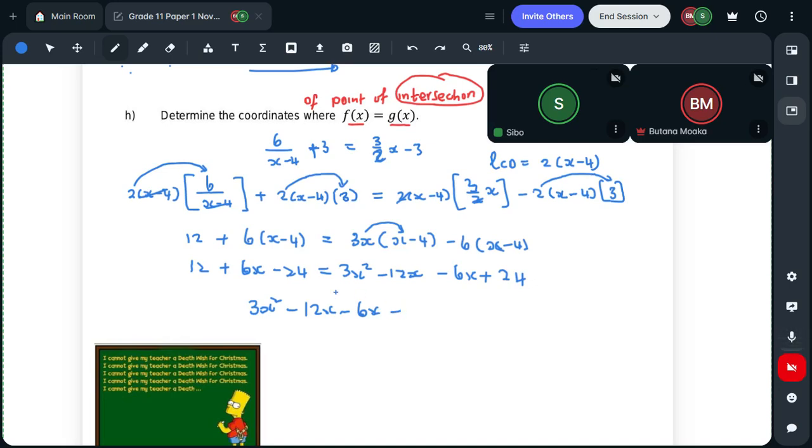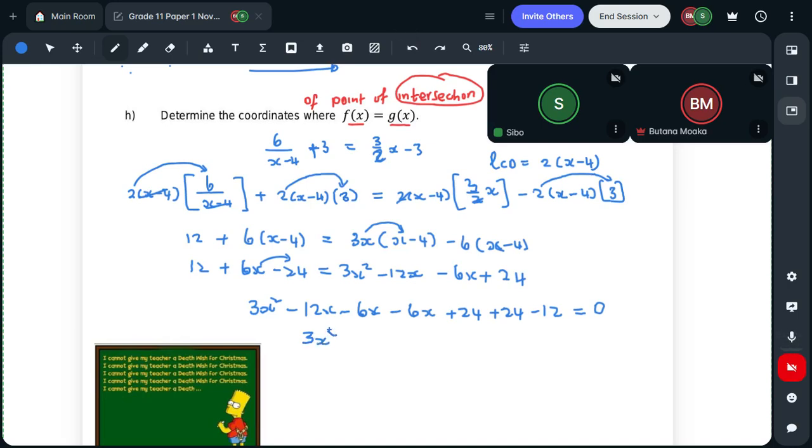The 6 comes to the other side to be minus 6x. Then I have plus 24. Then let's add minus another 12. 24, then we minus 12, right? Yes, all equal to 0. Exactly.